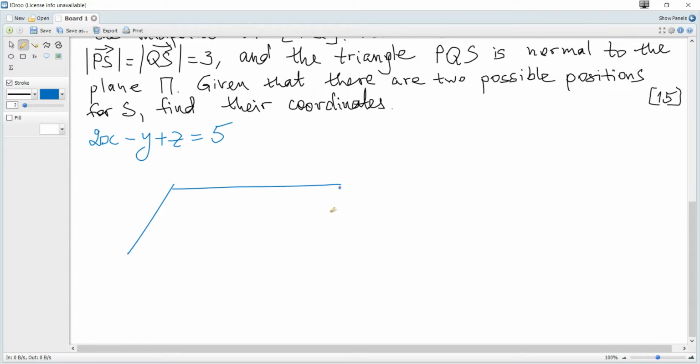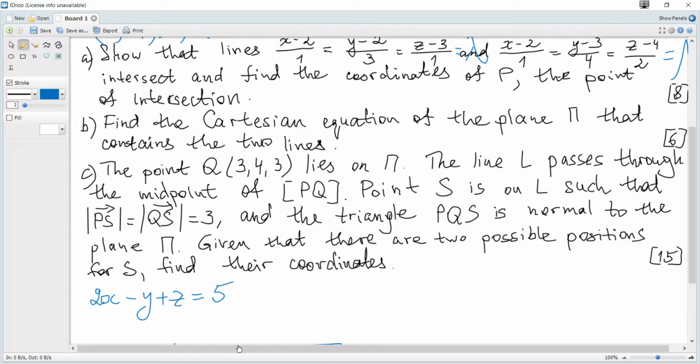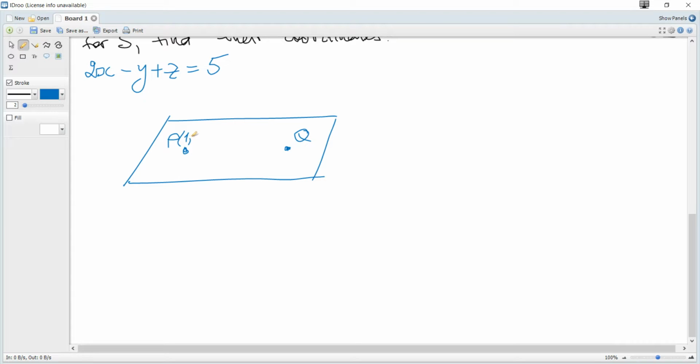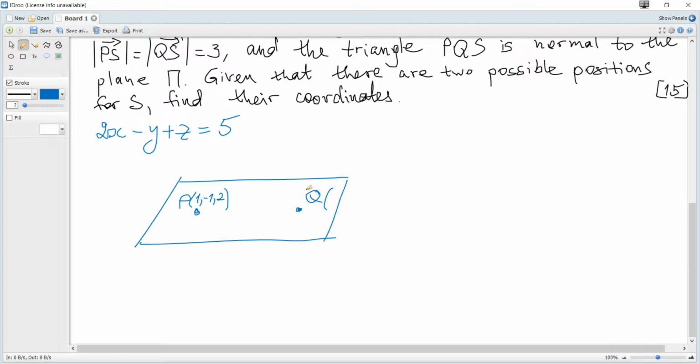So it looks like this plane, and there are 2 points P and Q with coordinates P 1, negative 1, 2, Q 3, 4, 3, and a line through the midpoint.